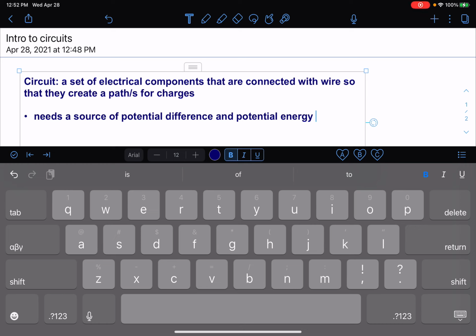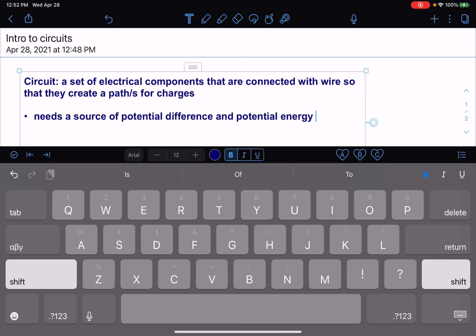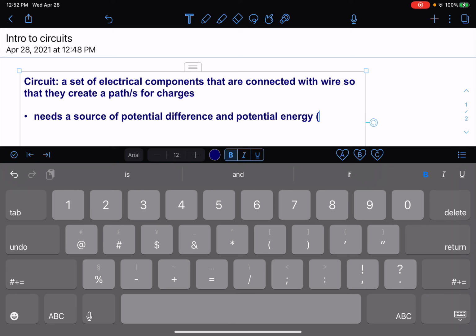This is basically your electricity source, and this is sometimes called an electromotive force, or EMF for short. It's just another name for it. So basically everything that is a circuit needs to have some place for the electricity to come from. It needs to have something that is pushing the charges through the circuit. If you don't have that, it's not really going to be a good circuit.